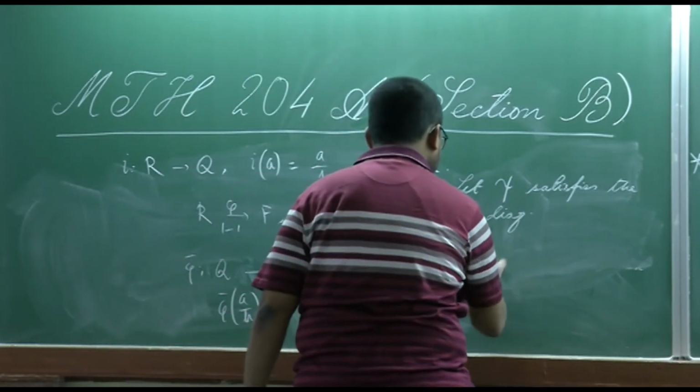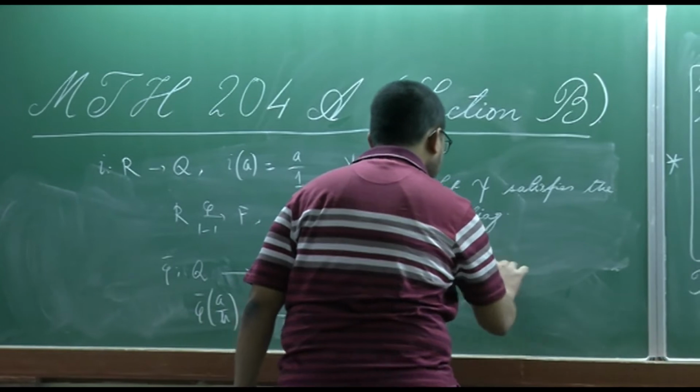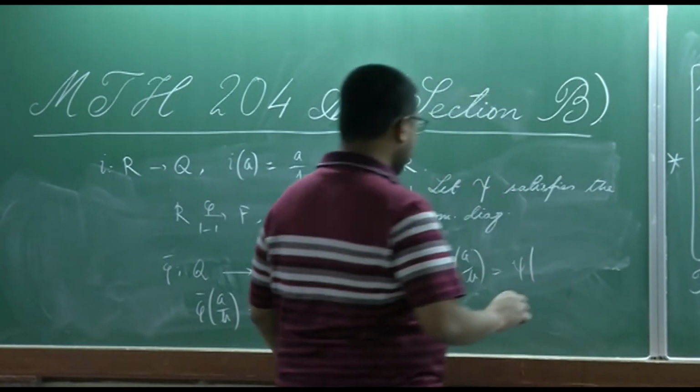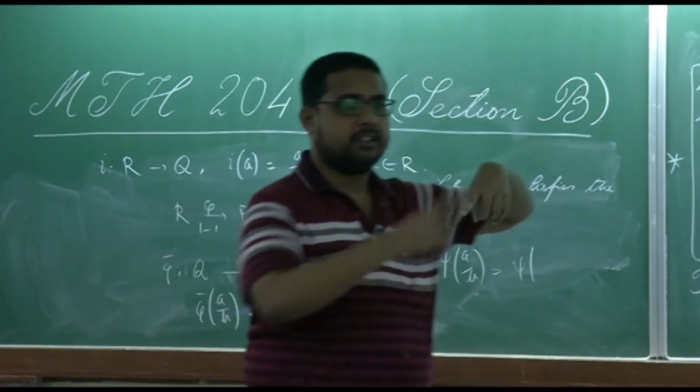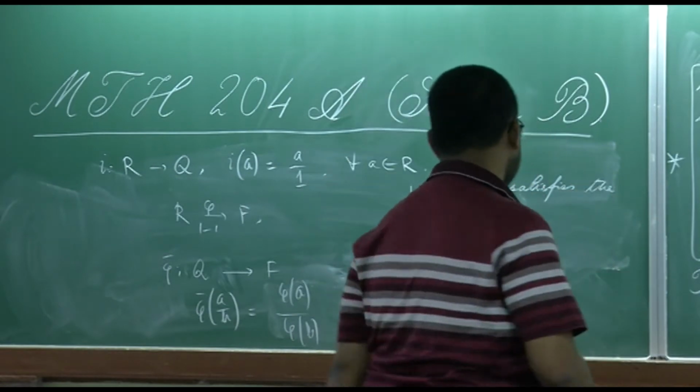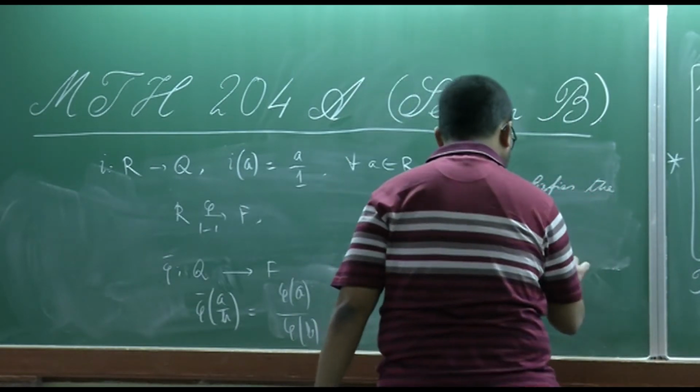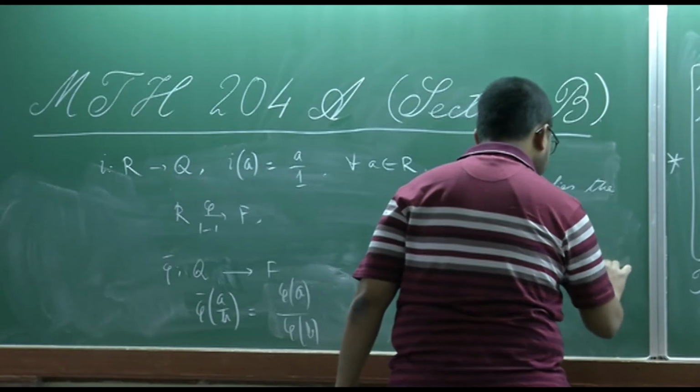Then what we must have is psi of a by b. Now a by b can be written as a by 1 times 1 by b, so psi of a by 1 and then psi of 1 by b.